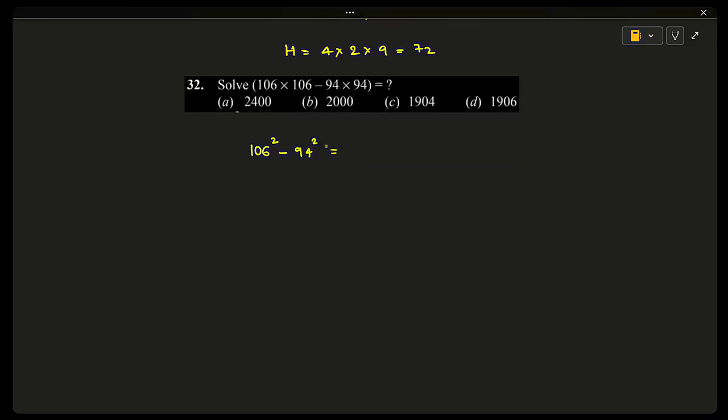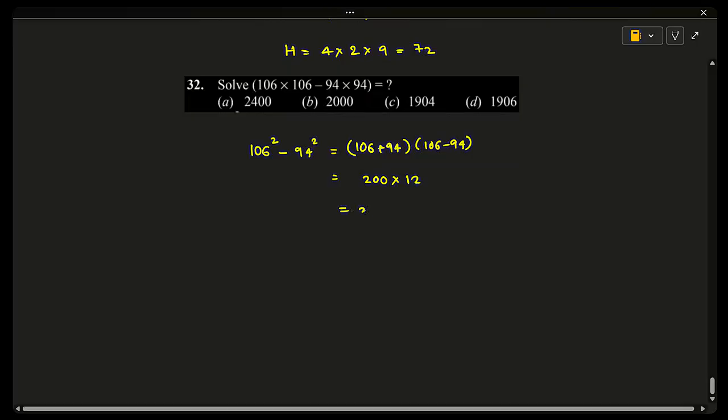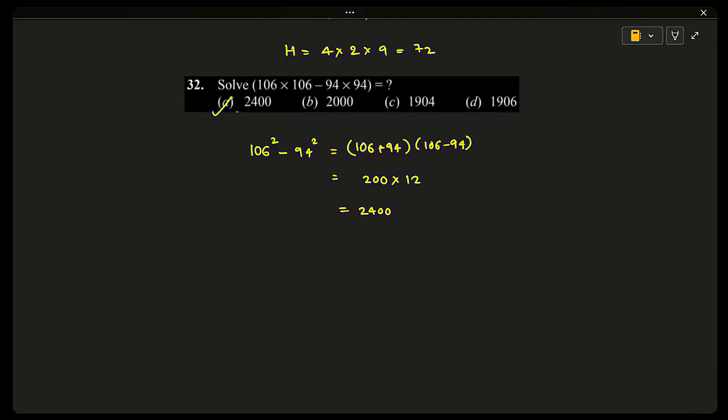So it is a square minus b square, which we know is a plus b into a minus b. So 106 plus 94 is 200, multiplied by 106 minus 94, which is 12. So 12 twos are 24. It is 2400. So simply we'll get the answer like this.